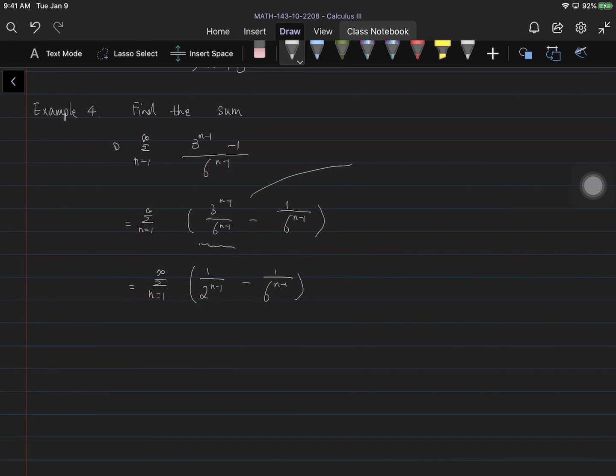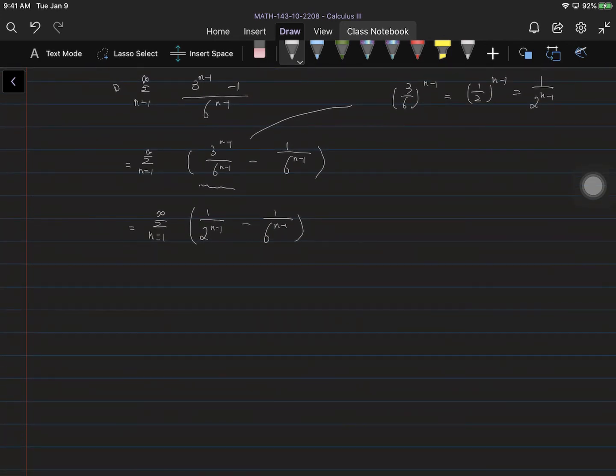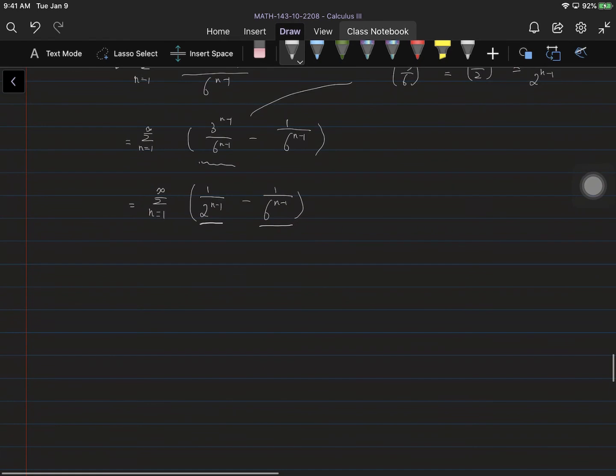If you don't know how, you can combine 3 and 6 together, take the n minus 1 out, and it's 1/2 to the n minus 1, and then it's 1 over 2 to the n minus 1. That's the detailed step. And now we get two geometric series. They are all geometric series. And let's see what the sum of them is.